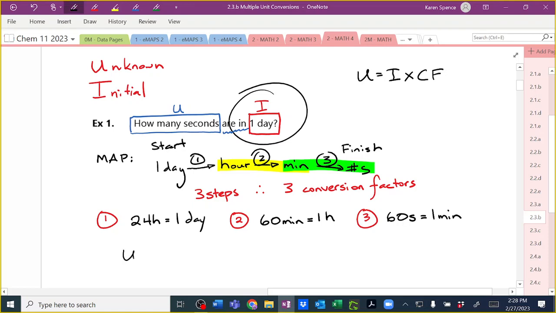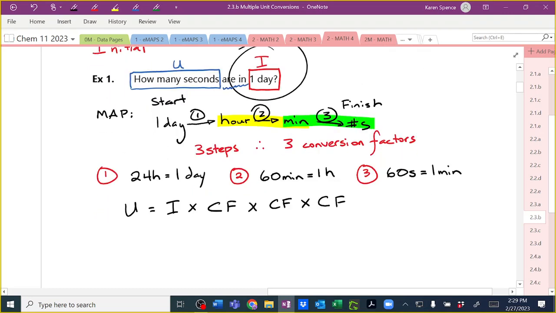So our unknown is going to equal our initial quantity, and then we're going to multiply it not by 1 conversion factor, but by how many conversion factors? 3. So we'll have times a conversion factor times a conversion factor times a conversion factor.